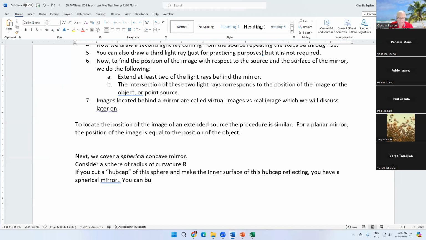You can buy spherical mirrors at your drugstore.